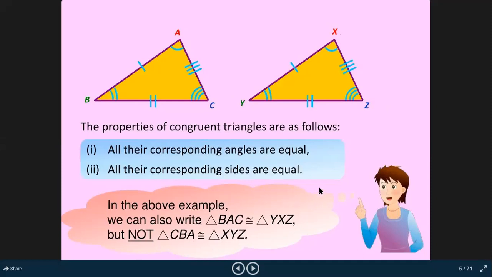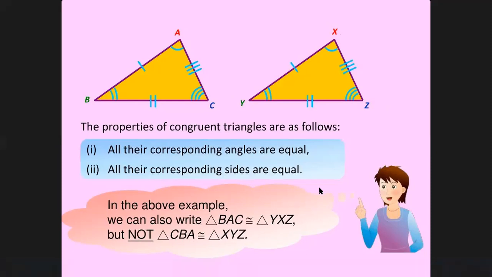Salma, can you answer? Why did we say that CBA is not congruent with XYZ? Because it's not the same order. Okay, meaning in English, the same order. What else?